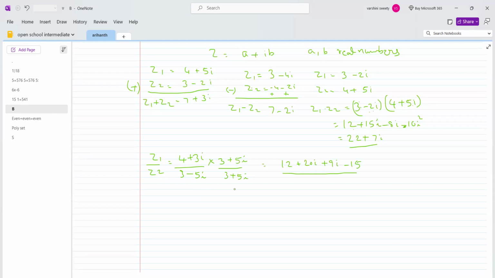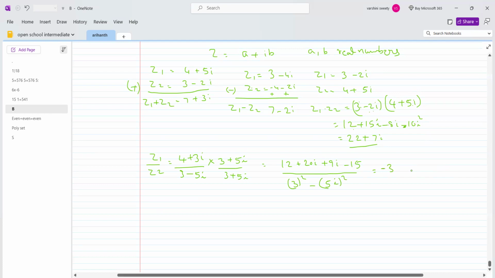The denominator looks like a plus b into a minus b, which is a square minus b square. So 12 minus 15 is minus 3, and 20i plus 9i is 29i, all divided by the denominator.